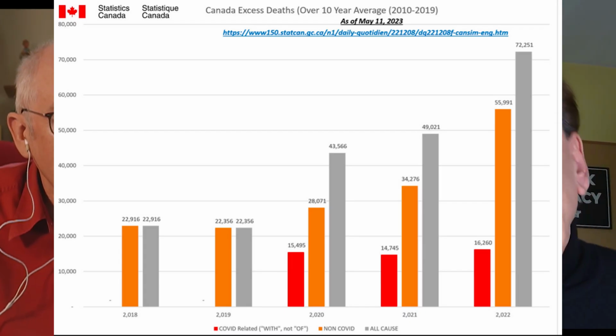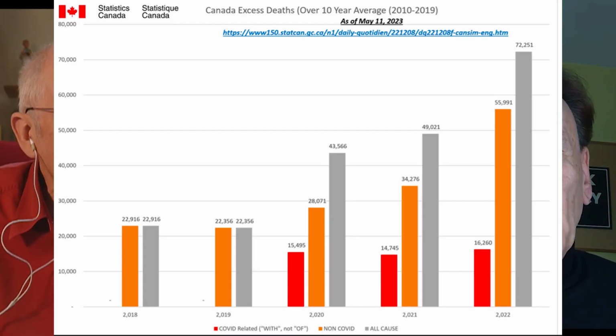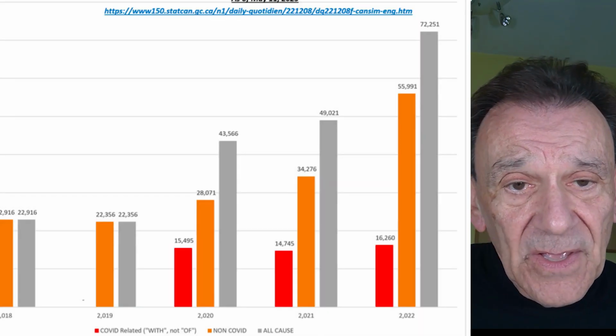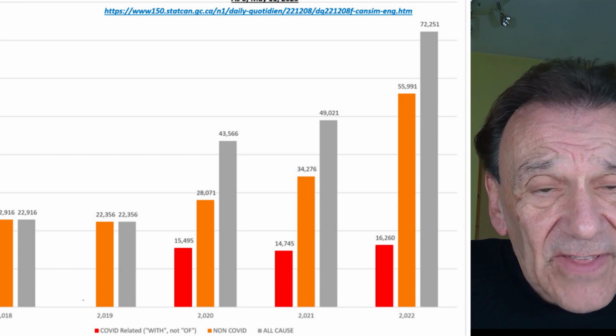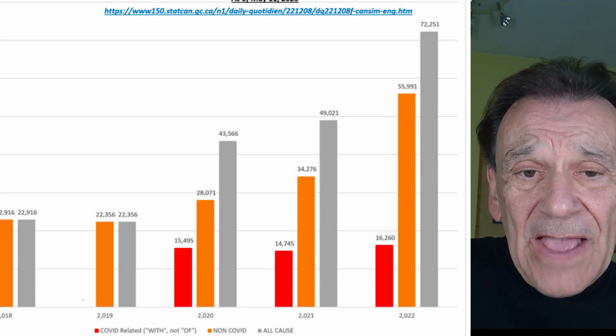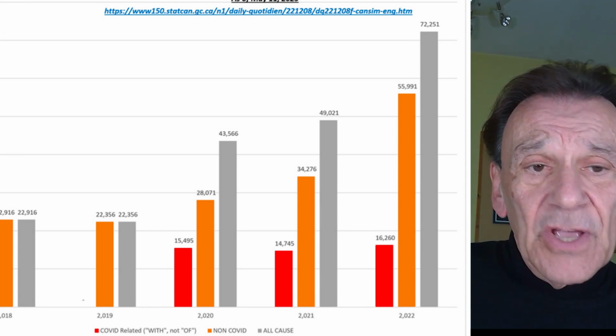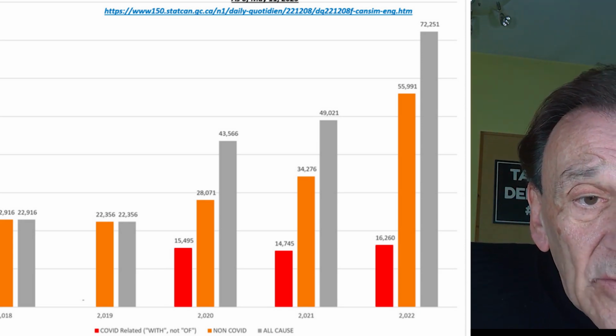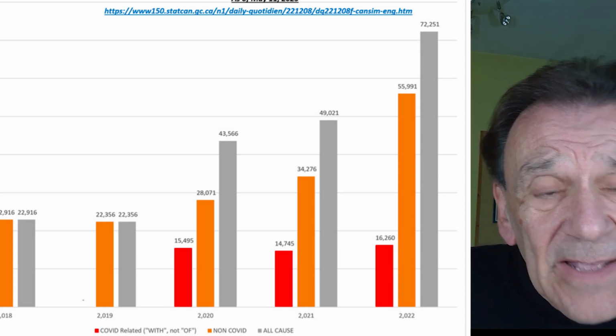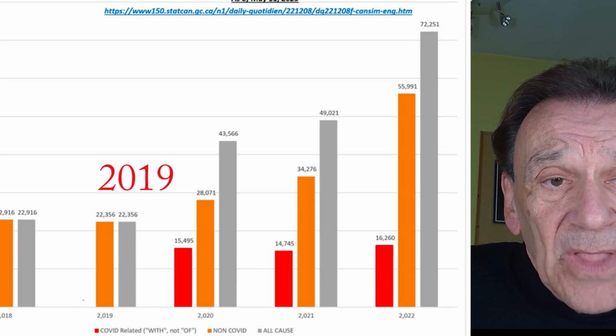He's looked at the excess deaths, which include the full range of the data. So we're no longer looking at confidence intervals or anything like that. He's just taking the average values, the average excess death values over a 10-year period.